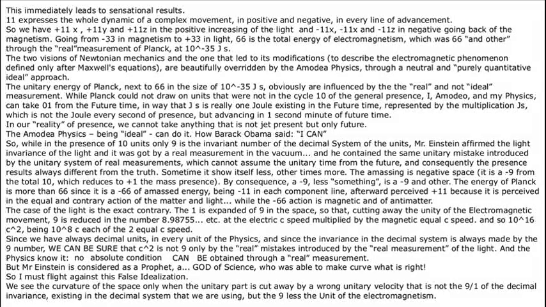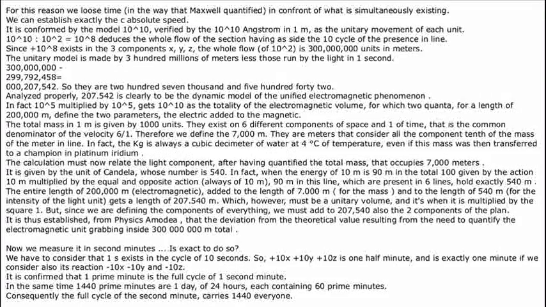We see the curvature of the space only when the unitary part is cut away by a wrong unitary velocity that is not the 9 to 1 of the decimal invariance existing in the decimal system that we are using, but the 9 less the unit of the electromagnetism. For this reason, we lose time in the way that Maxwell quantified, in confront of what is simultaneously existing.